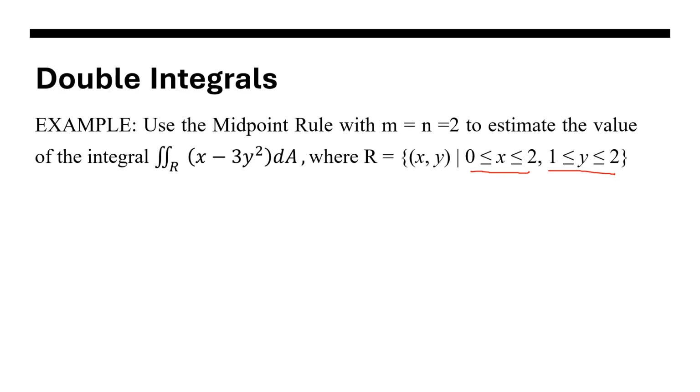So if we locate that in our Cartesian plane, with 1, 2 and 1, 2, x should be from 0 to 2, here, and then y is from 1 to 2.